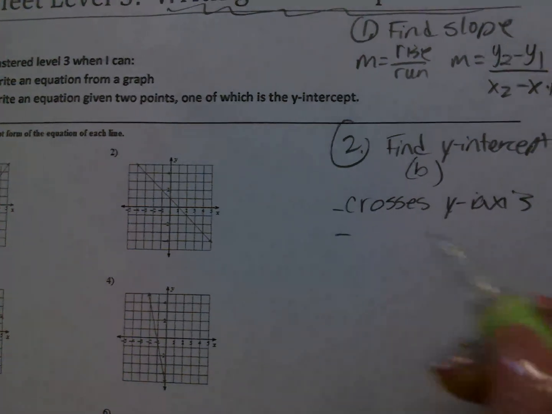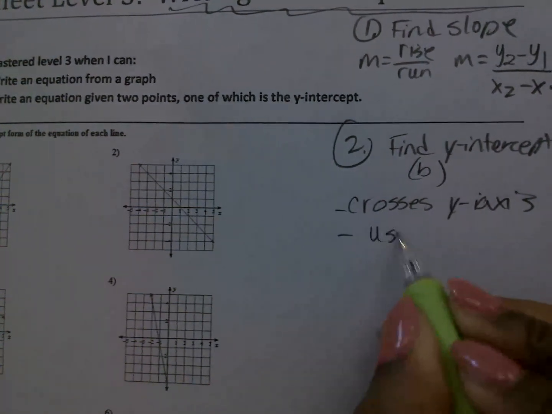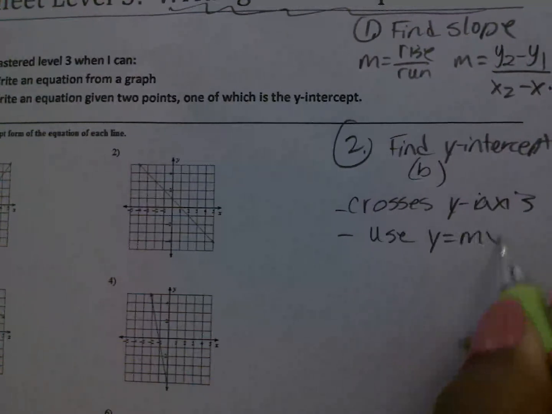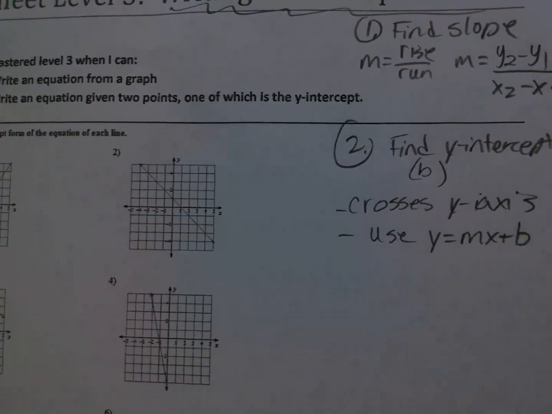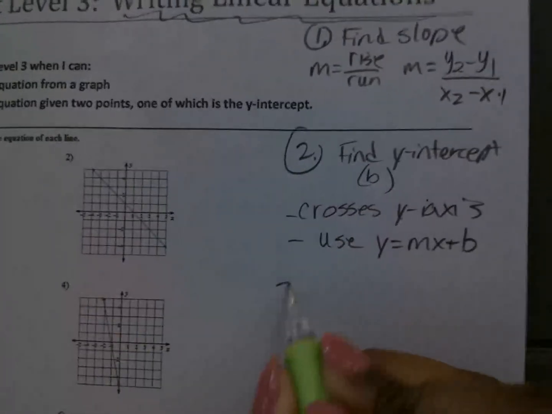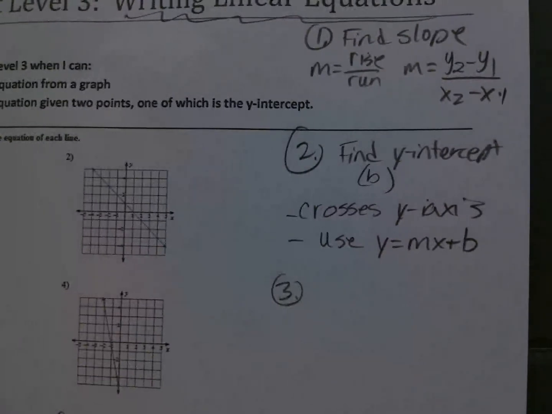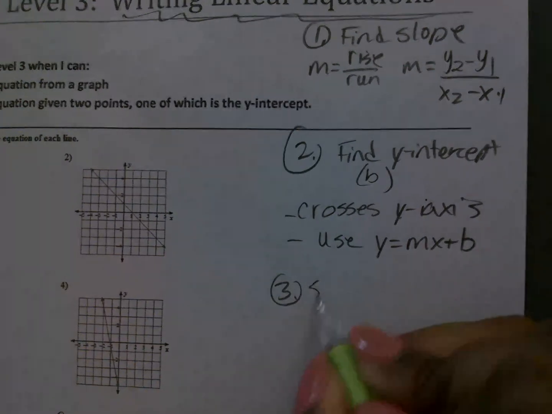The other thing that you do is you're going to use the slope intercept form y equals mx plus b. All right? Lastly, after you find m, after you find b, what are you going to do last? What's the last step? Yes. Substitute.